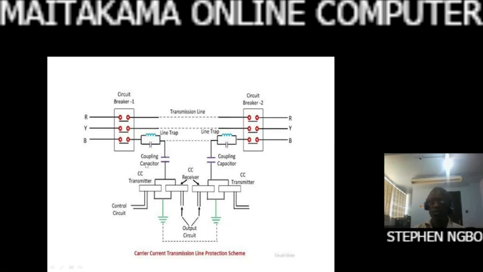So this is the principle of its operation. It doesn't use the value of a current for the operation, but instead it compares the phase angle, then the operation takes place.